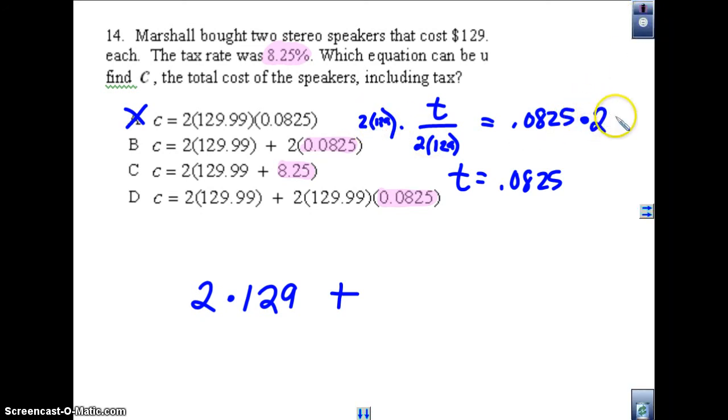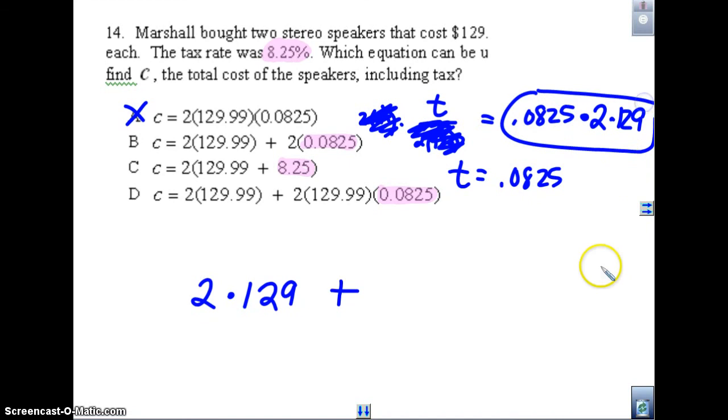So I'm going to multiply by 2 groups of $129. And when I do that, that cancels out. And my amount of tax that's going to be added on is this. Does that show up anywhere in any of these equations? 2 times $129 multiplied by the tax rate in decimal form. That's that one right there.